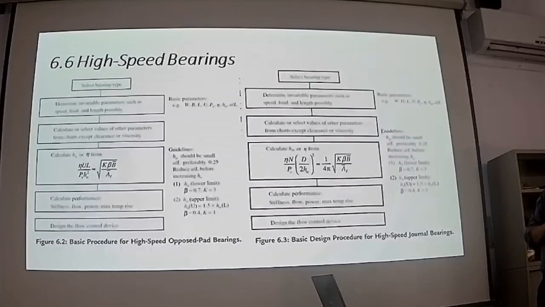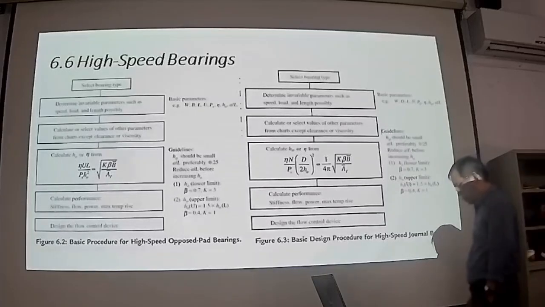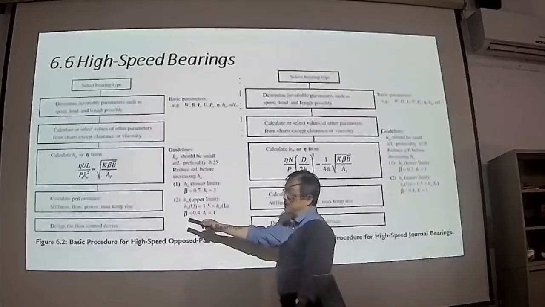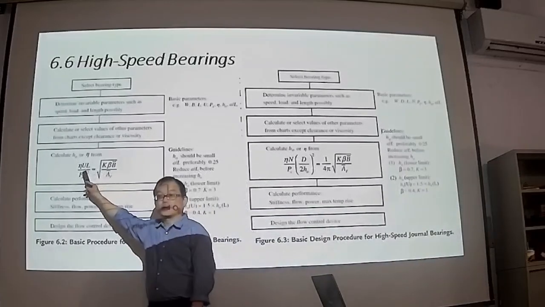Usually you need to discuss with your manufacturing factory before you fabricate your hydrostatic bearing. Okay? So they will give you some of the reference number for your design film figures.